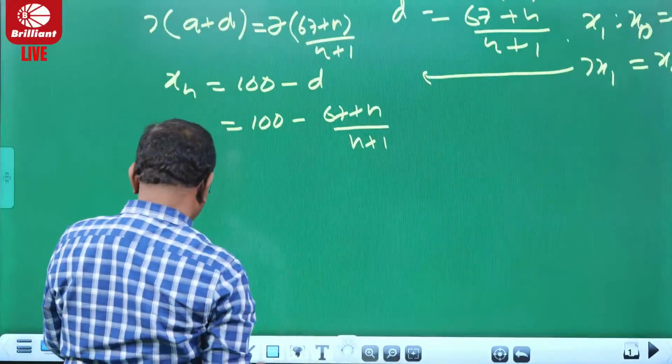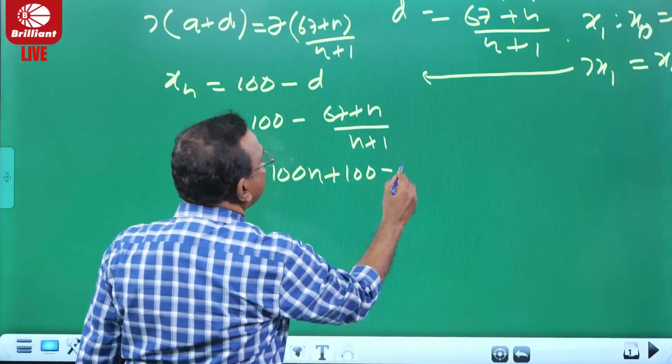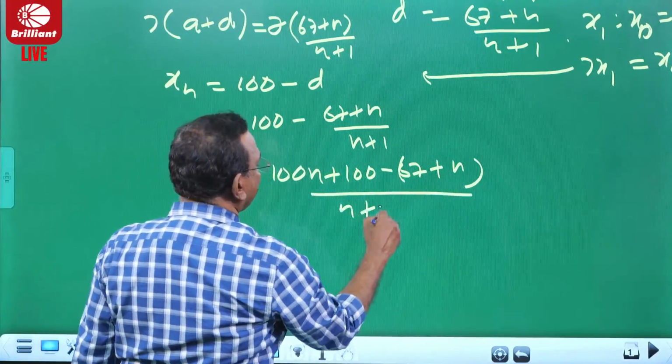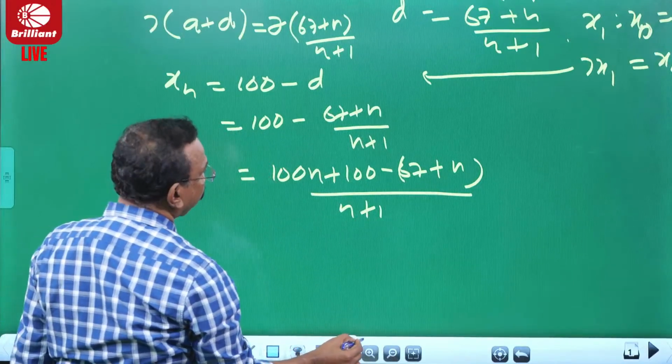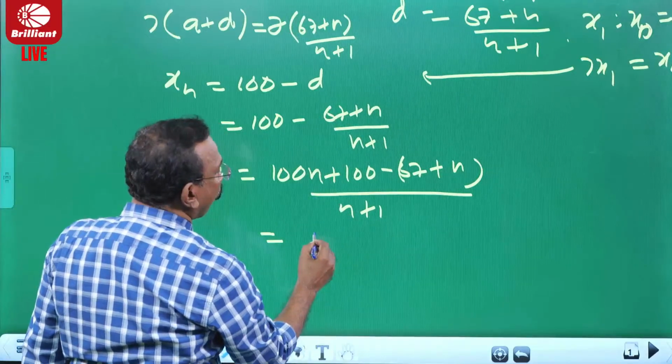So it becomes 100 into (n plus 1) minus 67 minus n, divided by n plus 1.